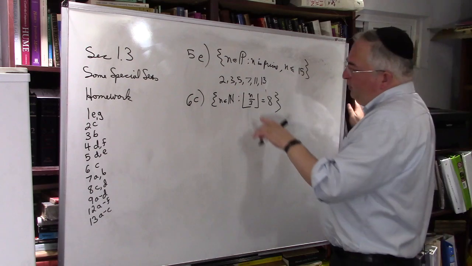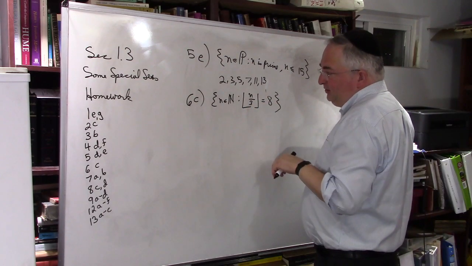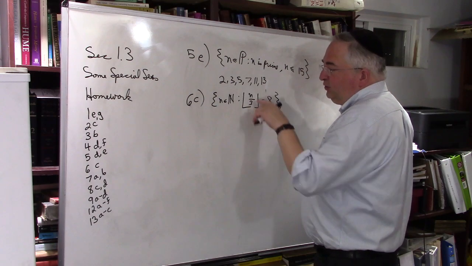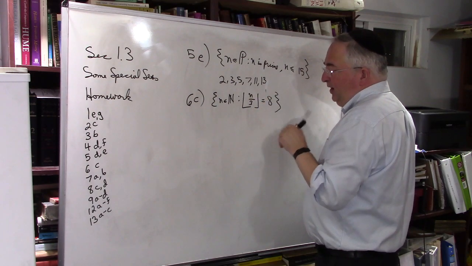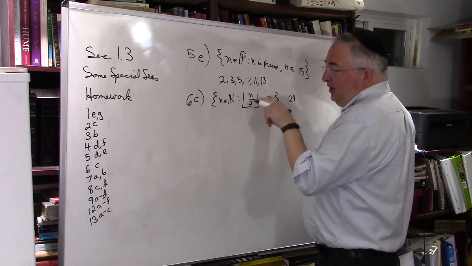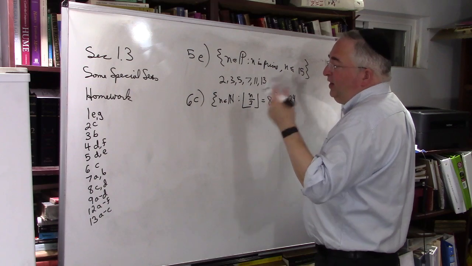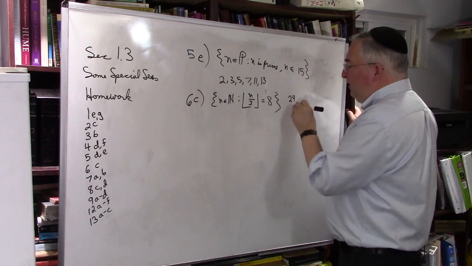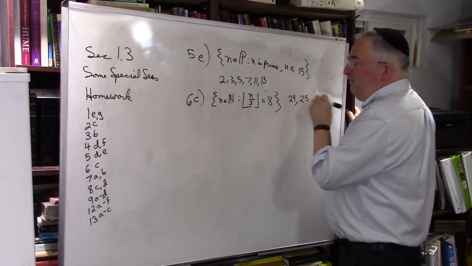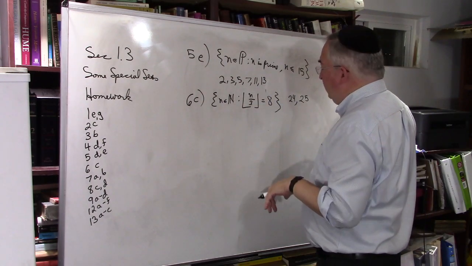What number, when you divide it by 3, gives 8? Well, 3 times 8 is 24. So 24 divided by 3 is 8. But it's the floor of that. So what about 25? 25 divided by 3 is 8 point something. So 25 also, the floor chops off the decimal part.